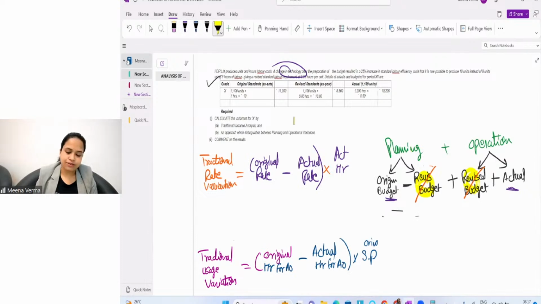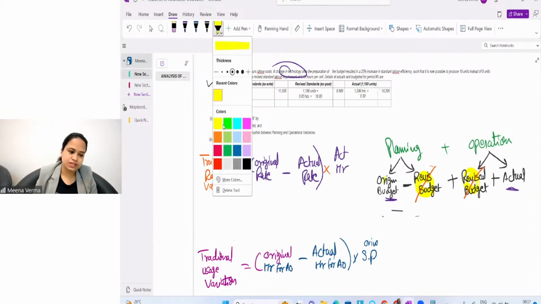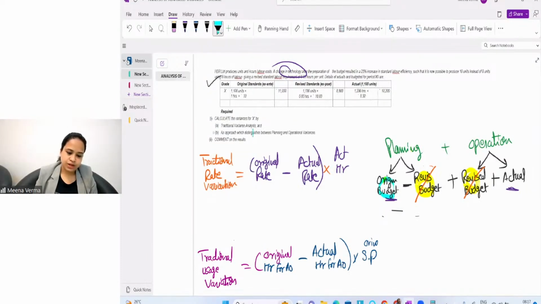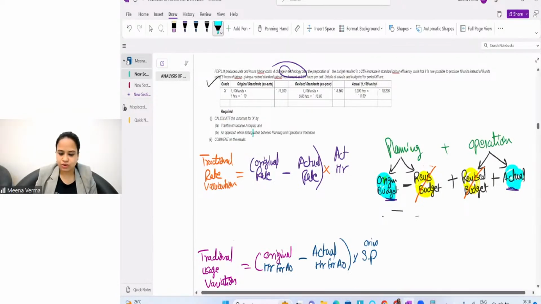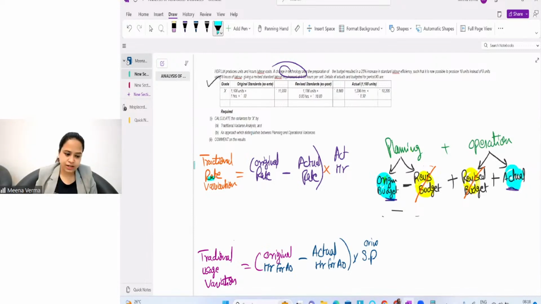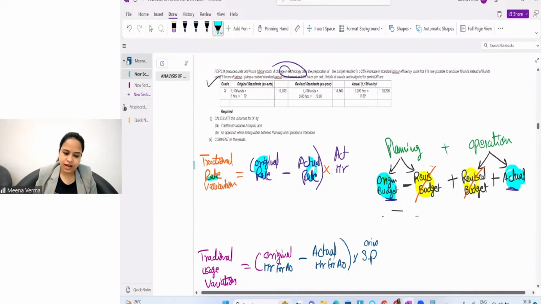I am only considering these two things everywhere. Traditional variation is actually original budget minus the actual budget. When I was calculating the rate variation, I considered the original rate, then the actual rate.